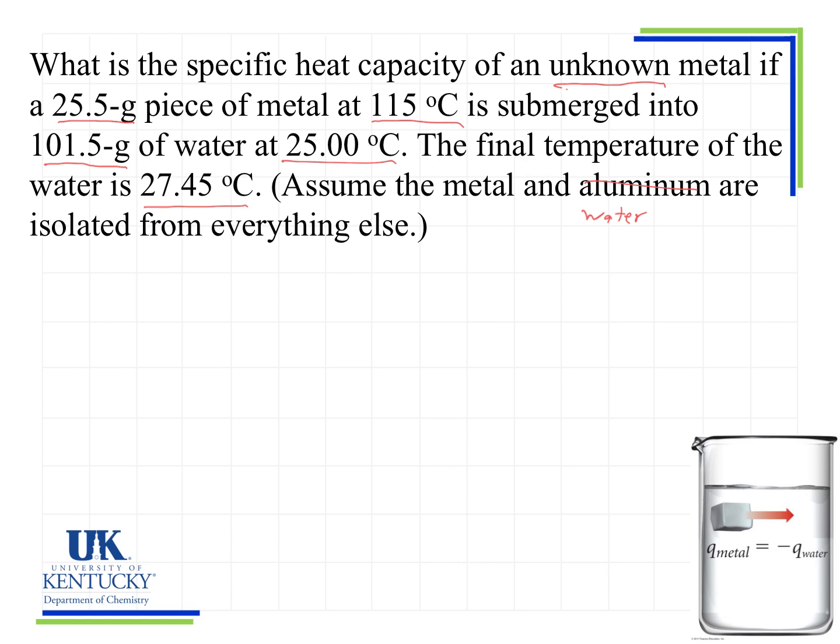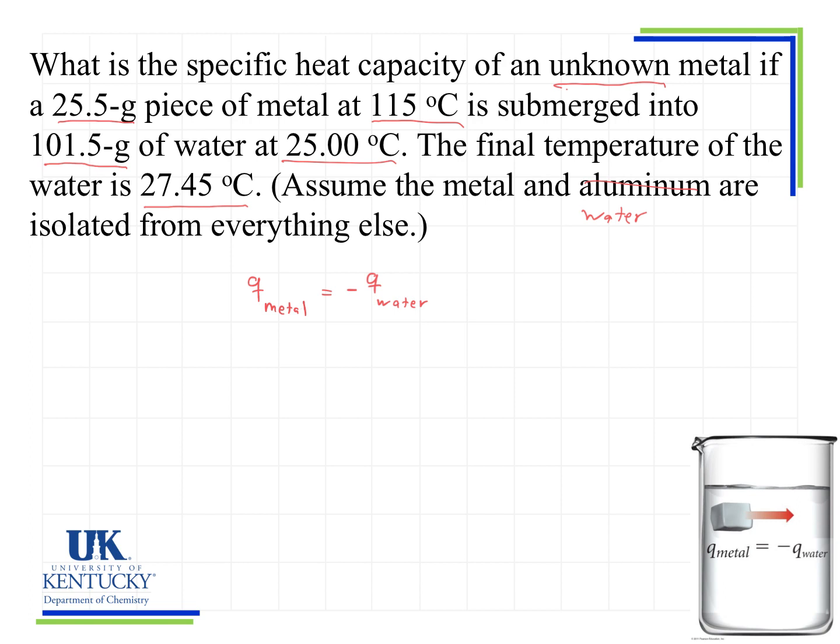So we take this assumption so that we can say that the Q of the metal is exactly equal, with a different sign, to the Q that water gained or lost. Okay, so the Q of the water is exactly equal to the Q of the metal, I'm sorry, with the opposite sign.